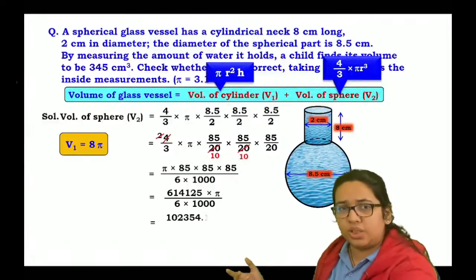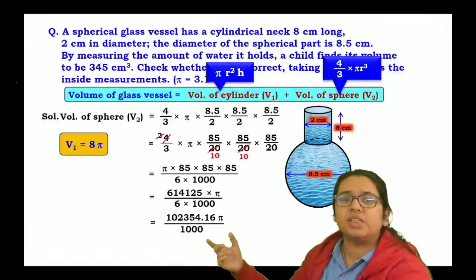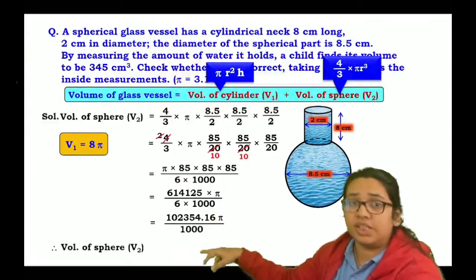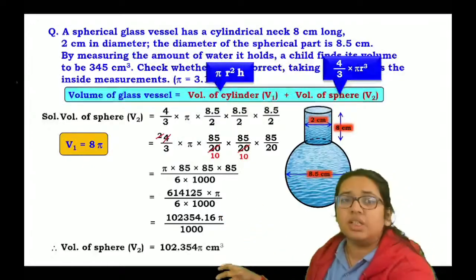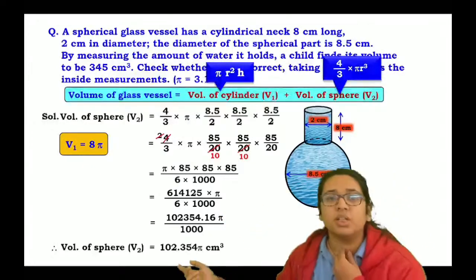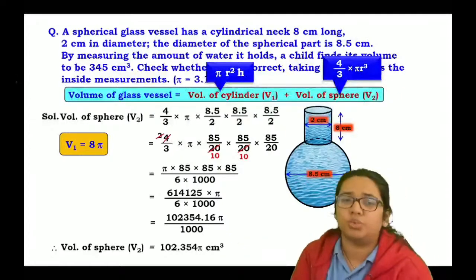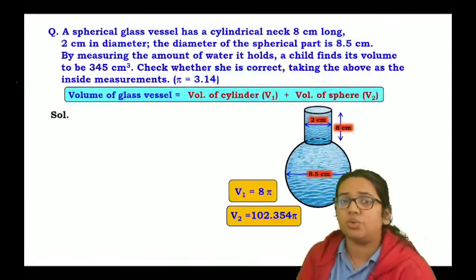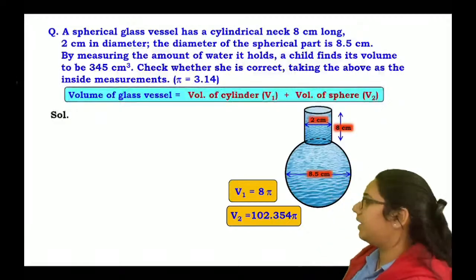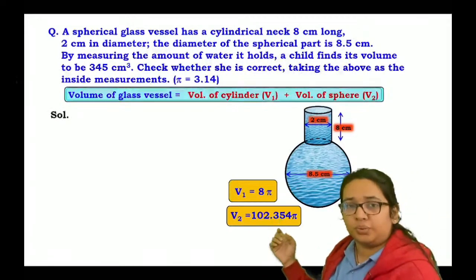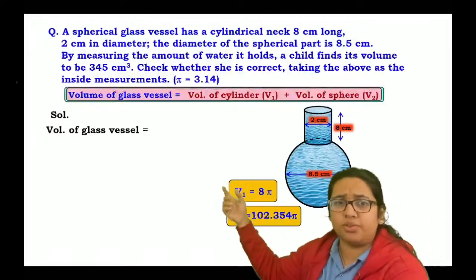So after calculating this, you will get its value, obviously in cubic centimeter. So volume of the sphere will be 102.354 times pi. Now, we just have to add them.